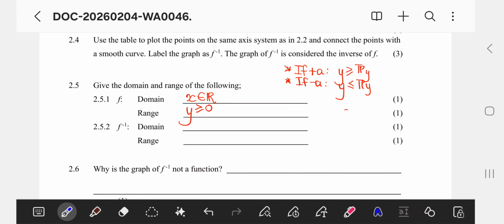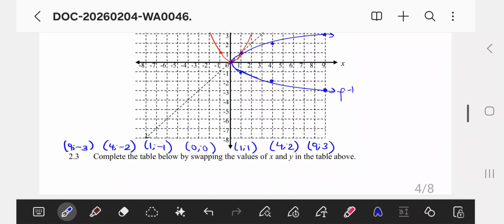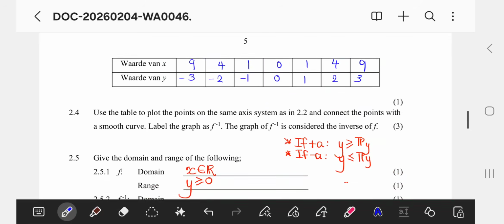Next, they ask you for domain and range of the inverse. And there's something interesting you guys are going to notice. If we look at the domain of the inverse, notice how the x values covered on the graph starts from 0 and it is all of the positive x values, meaning that we would write it as x is greater than or equal to 0.